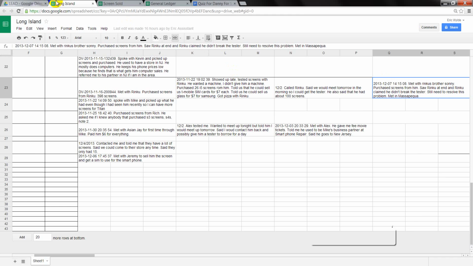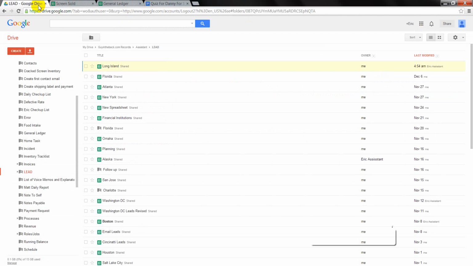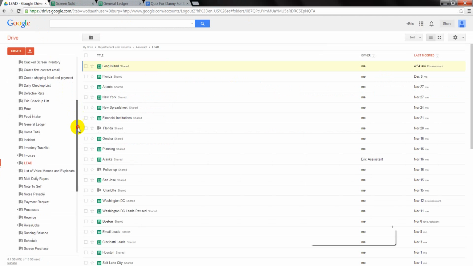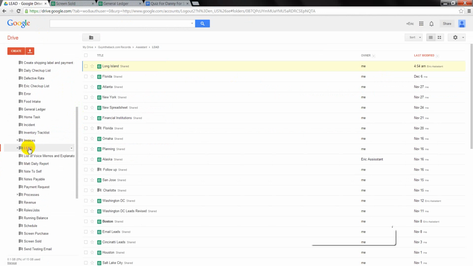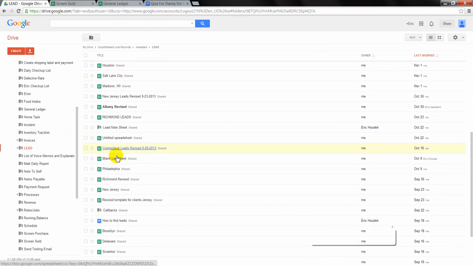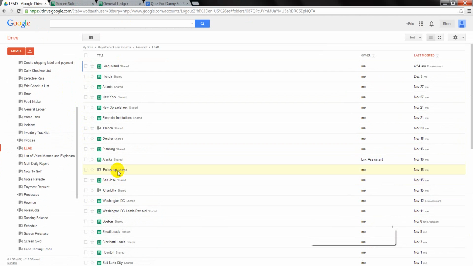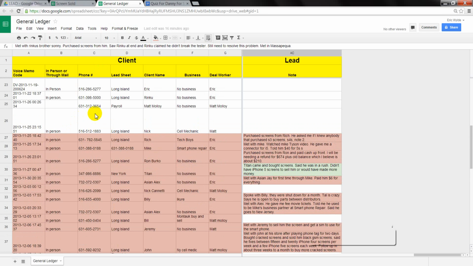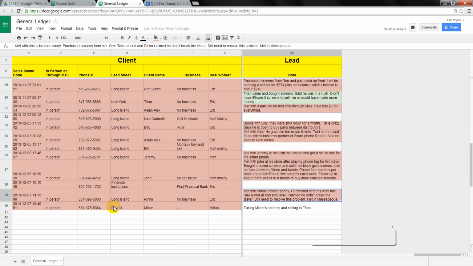So just to reaffirm, the lead information goes in the lead sheet. We have Long Island leads, Florida leads, Atlanta leads, and everything's only going to get bigger. If you ever want to know where they're from, usually the information can be found on the lead sheet part of the client information. We do that to make it easier.